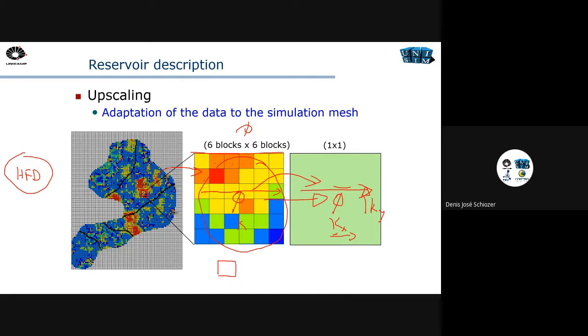How does it do that? It puts boundary conditions here. It imposes a flux from here to here. It does a numerical simulation of these blocks, or these 6x6 blocks, and then it calculates the average porosity that has an equivalent flow from these 6x6 blocks, and then uses these average properties in our reservoir simulation model.